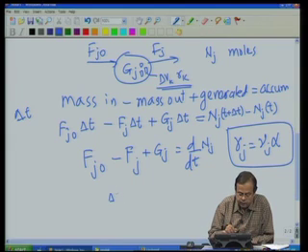Rk into delta Vk must be the rate of generation in this volume, but there are so many other elements. So, we can add up all the contributions from all these small volume elements.